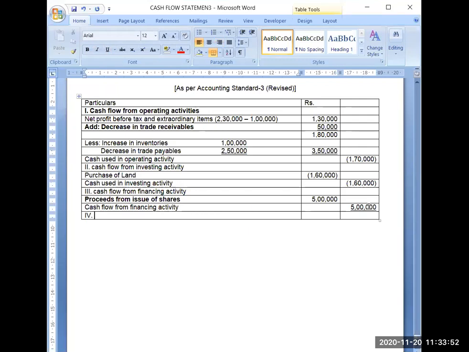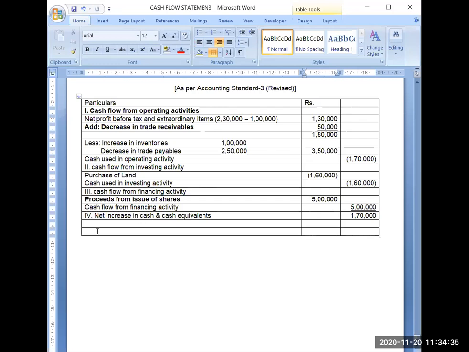So the result will be net increase in cash and cash equivalents. The answer will be 3 lakh 30 thousand, 70 thousand, 4 lakh, so 1 lakh 70,000. So net increase will be 1 lakh 70,000. The answer will be positive because the positive value is greater than the negative value.